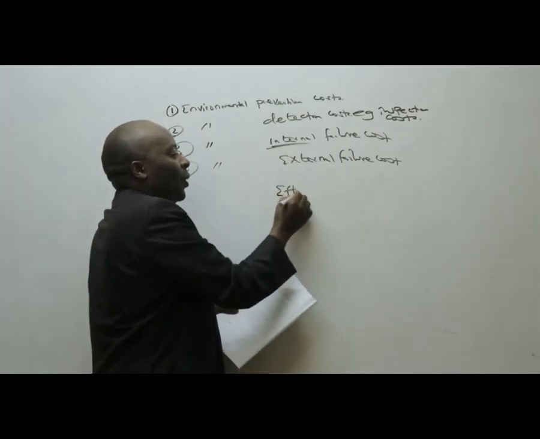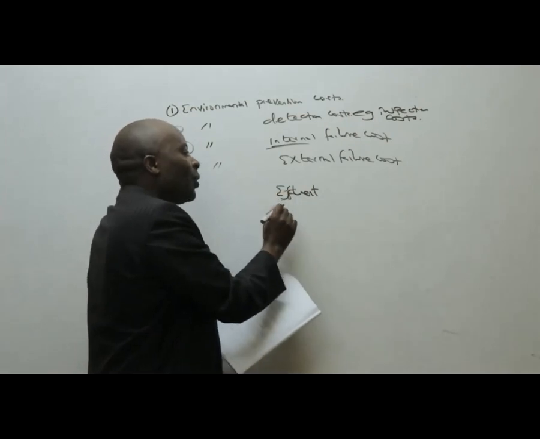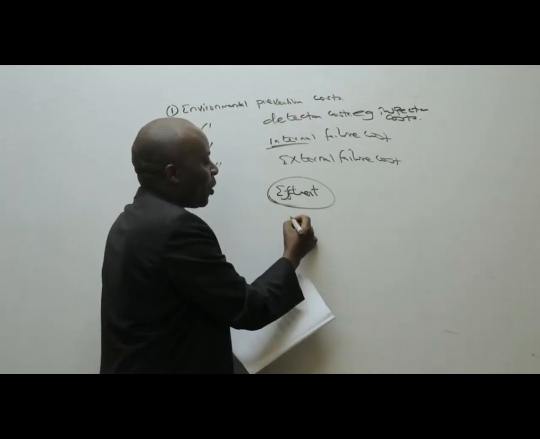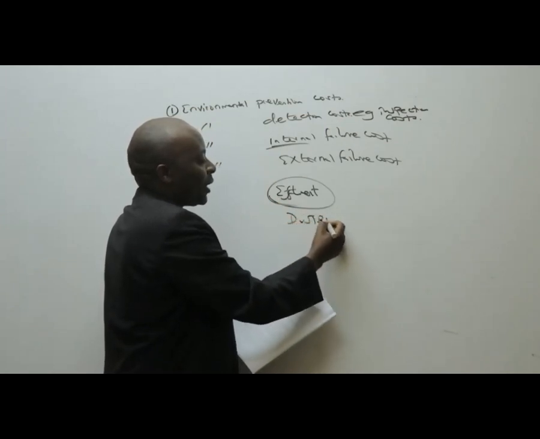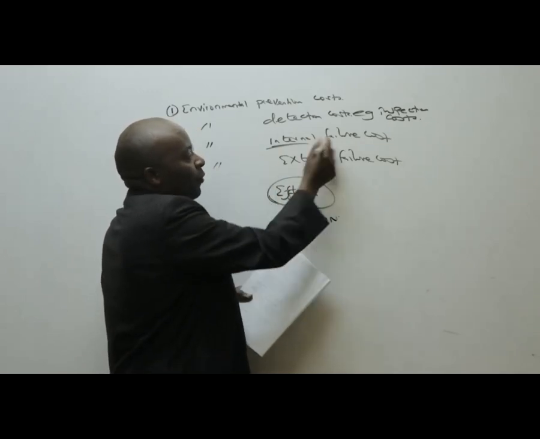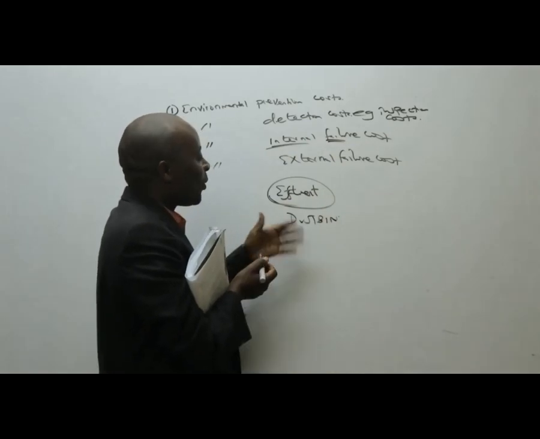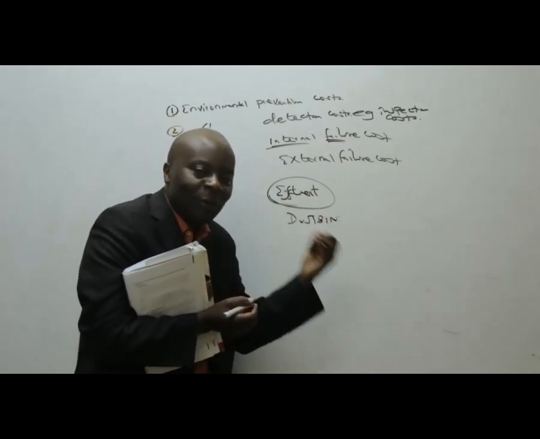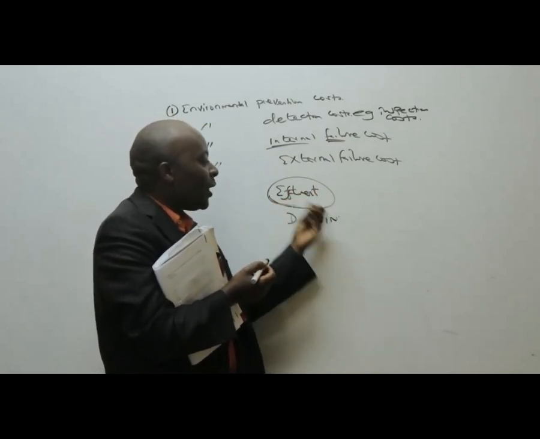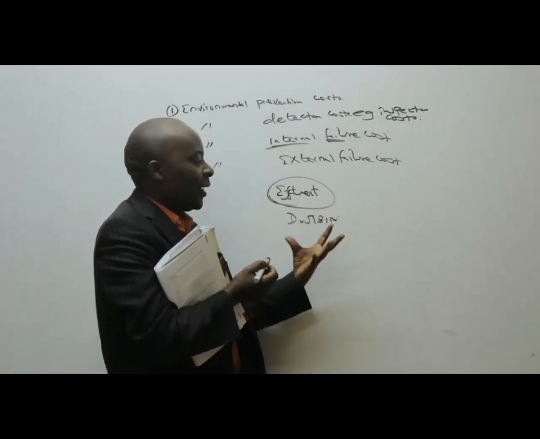When we talk of environmental internal failure, once we have this effluent, this waste that comes out of the work that we do, ladies and gentlemen, some of it, assuming it is the disposable one, will go to our dustbins, for example. So you can see under environmental internal, we have failed. Of course, we were not able to convert all the materials that we got into the final good. Some of it had to get into waste, right?